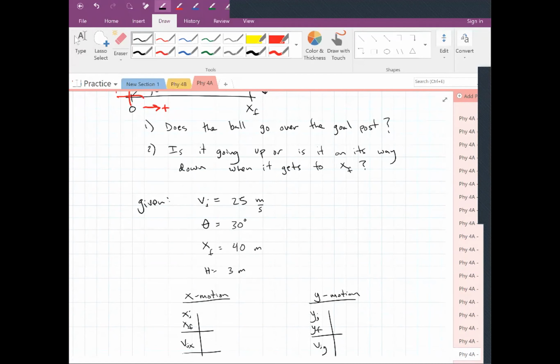So X initial would be 0, and X final would be 40 if we take that approach, right?